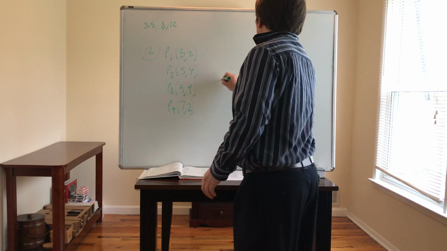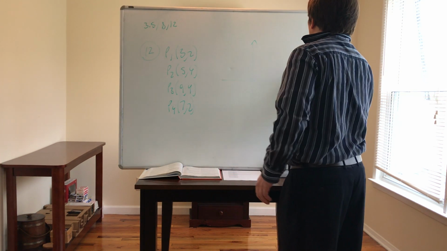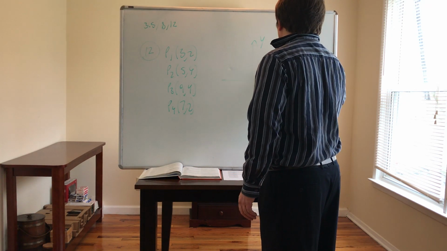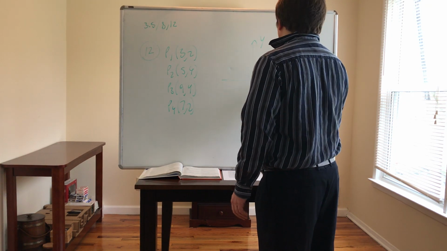So let's just draw the picture of it. X-axis, y-axis, and so you have 3, 2 here. That's P1. You have P2, which is 5, 4.